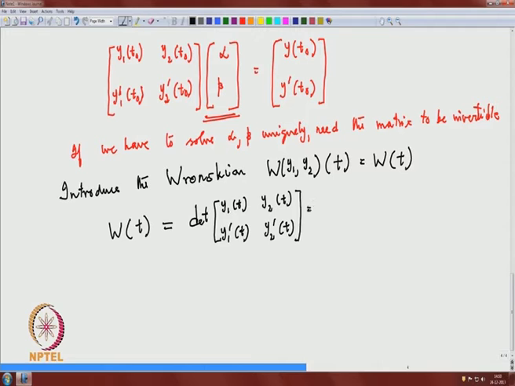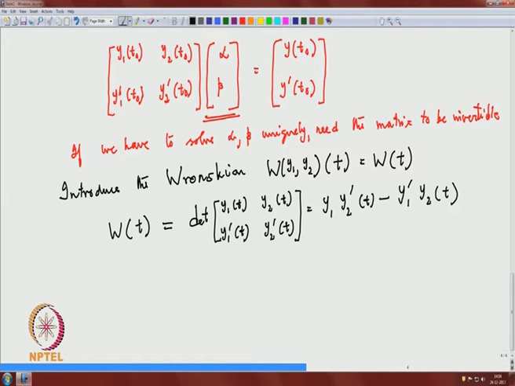That is nothing but y1 y2 prime at t, minus y1 prime y2 at t. This is the Wronskian determinant.